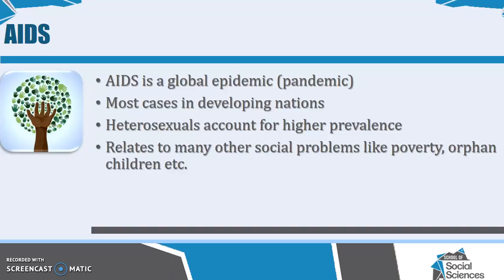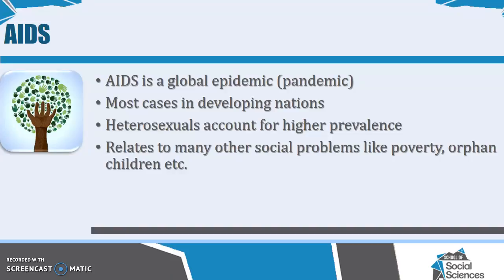It is affecting the world. The World Health Organization has categorized it as a global epidemic. AIDS is acquired immune deficiency syndrome, and it is caused by the virus HIV, which most of you would already know because information about this disease is very pervasive.